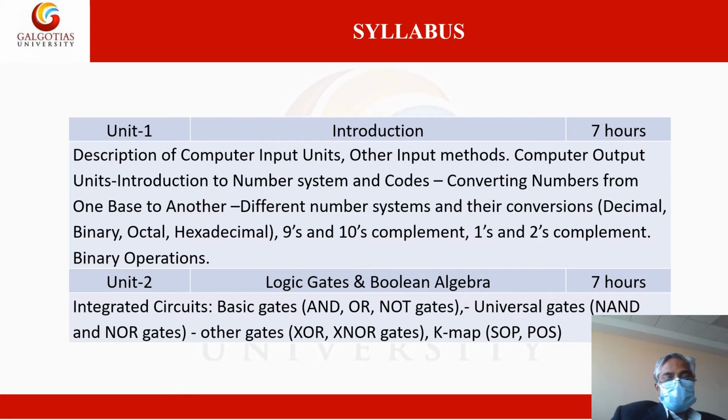Unit 2 is about logic gates and Boolean algebra, and you must have studied the gates in your CBSE course. So here also you will learn about the basic gates AND, OR, NOT, and then some other gates, NAND, NOR, XOR, XNOR, then Karnaugh map.